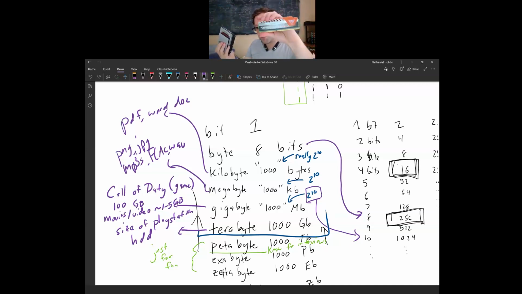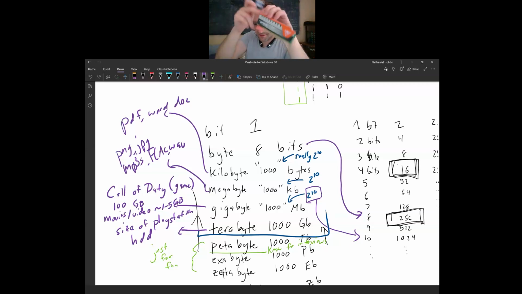But this is much, much faster RAM, this thing. The RAM in your laptop will look smaller than this. I'm sorry I don't have a stick of laptop RAM to show you. This is PC desktop RAM. And this is just so much faster than even a solid state drive. The solid state drive and this are probably the closest to each other among any of the hard drives.